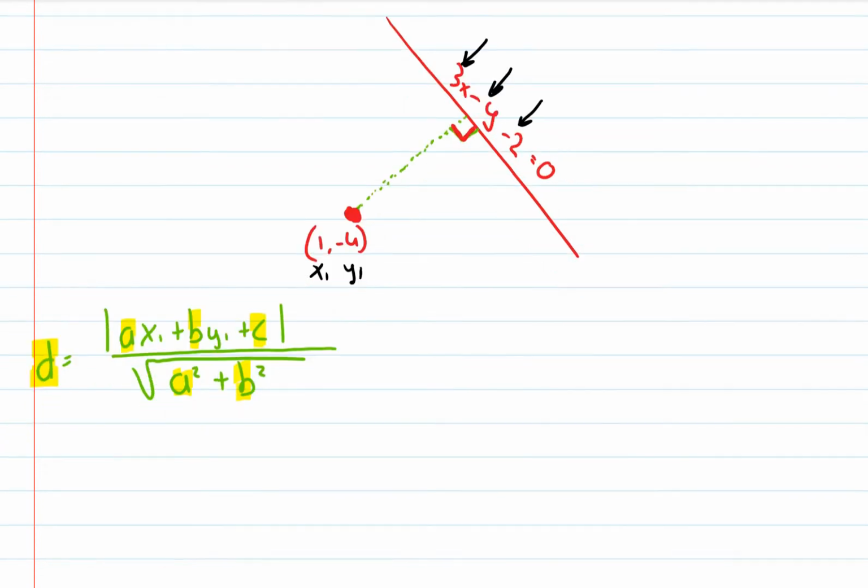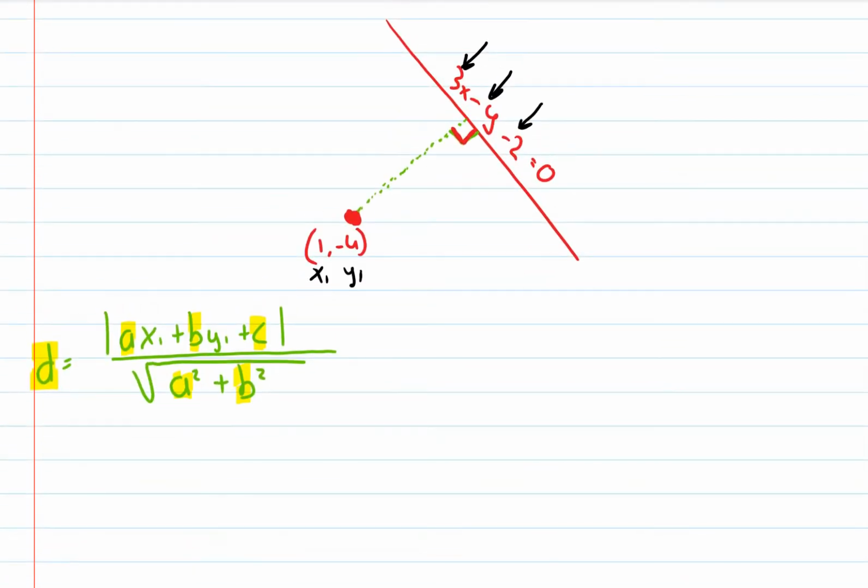With that in mind, generally what I'll do is write out what a is, what b is, what c is, what x1 is, and what y1 is, so I won't make any mistakes. So a is 3, b is minus 1 because that's a minus, there's an invisible 1 there, c is minus 2, x1 is 1, and y1 is minus 4.